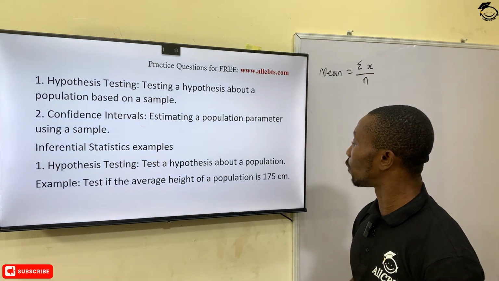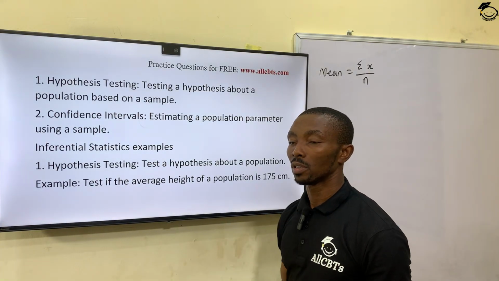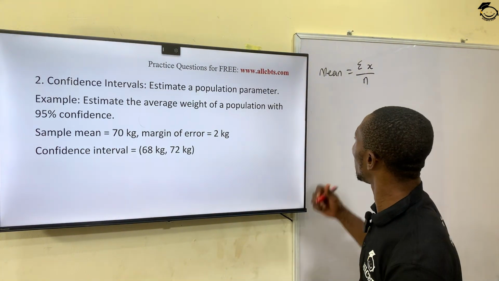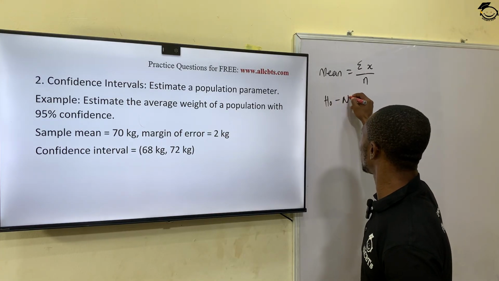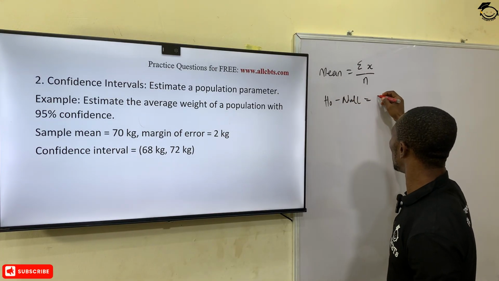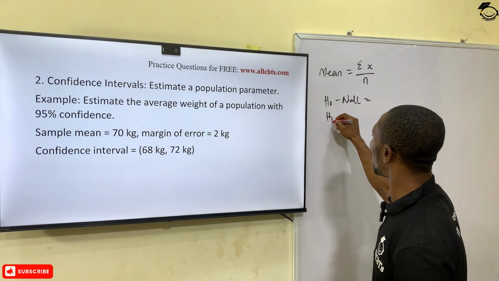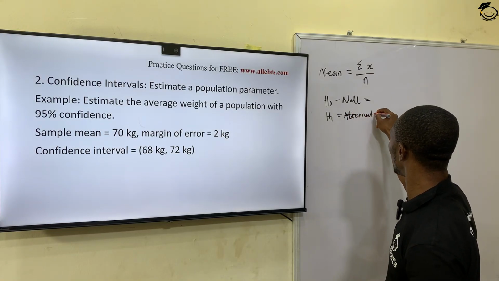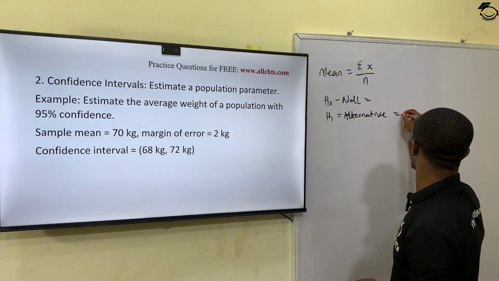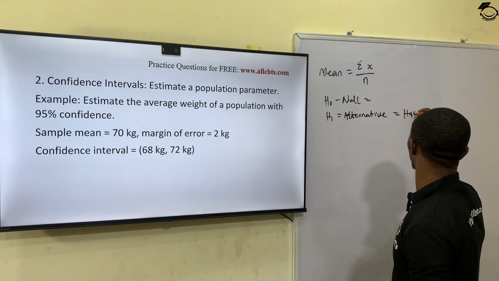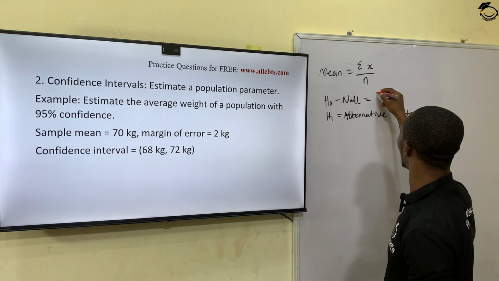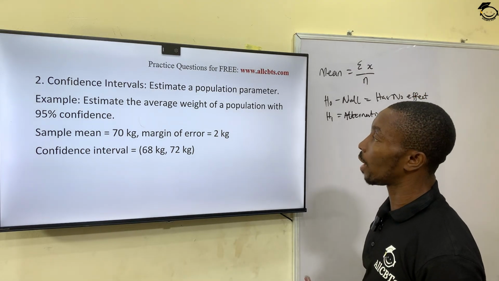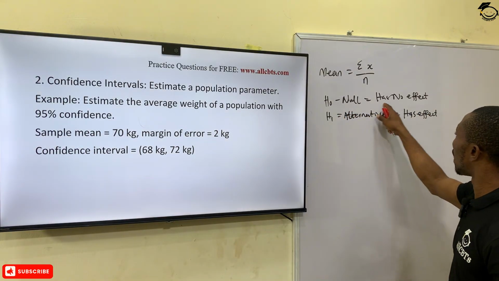If the average height of a population is 175 centimeters, now our hypothesis H0, which is our null hypothesis, is that it has no effect.